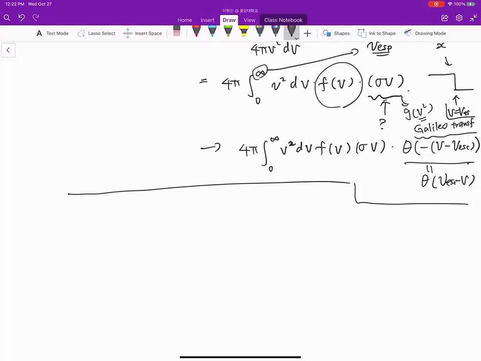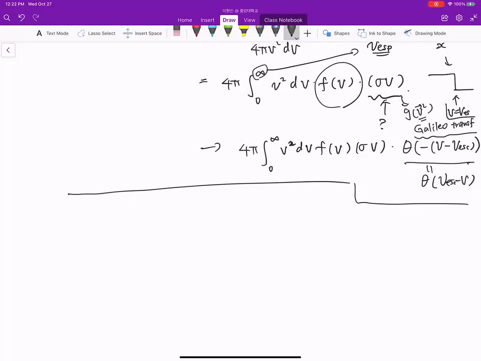So frame independence must be taken into account. If sigma v is velocity dependent, it must be invariant under the Galileo transformation. If you go to another frame with a constant velocity, you must not see the effect.